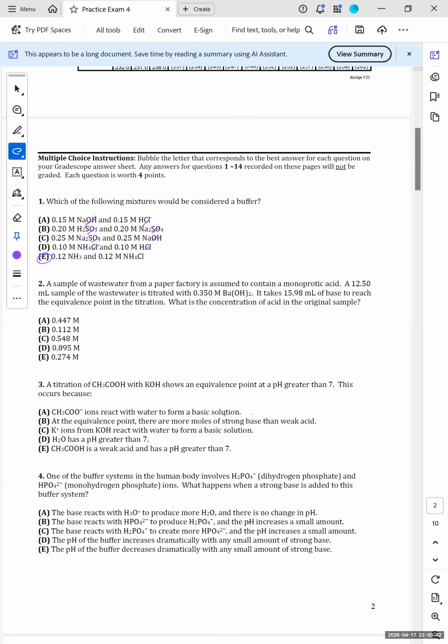I'm given some critical details here, and I just highlight those, so it's a little bit easier to do the math. I know my acid volume is equal to 12.5 milliliters, which I will probably just convert right away to liters.